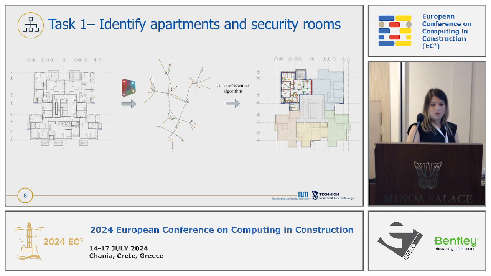Once we have these representations, we implemented the Girvan-Newman algorithm for community detection, and we were able to identify the isolated groupings within this large graph that actually express the individual apartments. Once we have that, we could easily implement the previous work and identify the security rooms correctly.